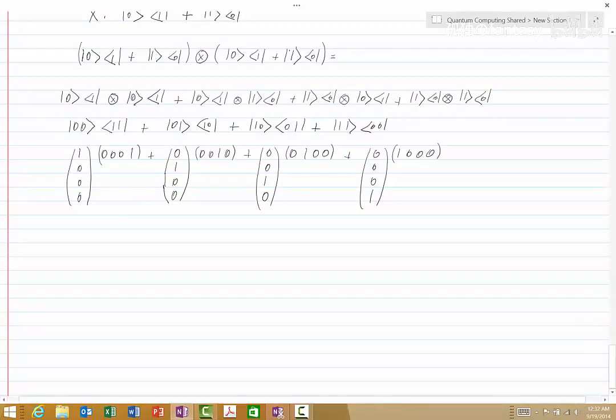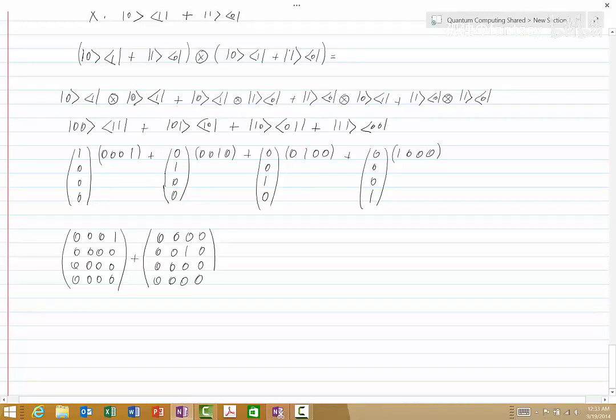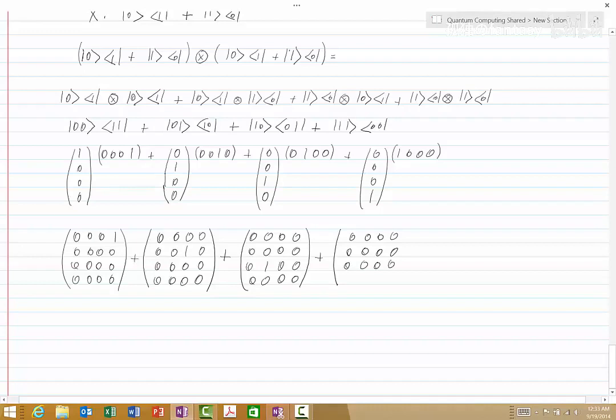We will get, for the first one, a matrix with a single 1 in the upper right corner and zeros elsewhere. For the second, a matrix with a single 1 in the second row, third column. For the third one, we get that. And finally, for the last one, we will get this.